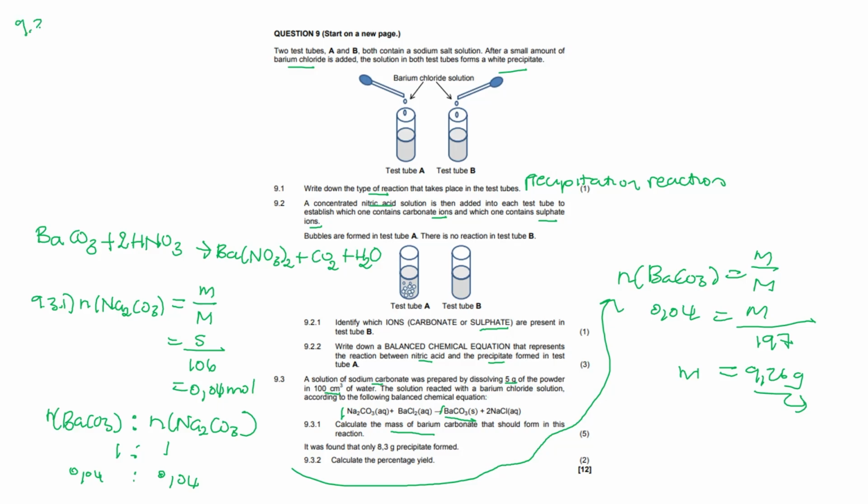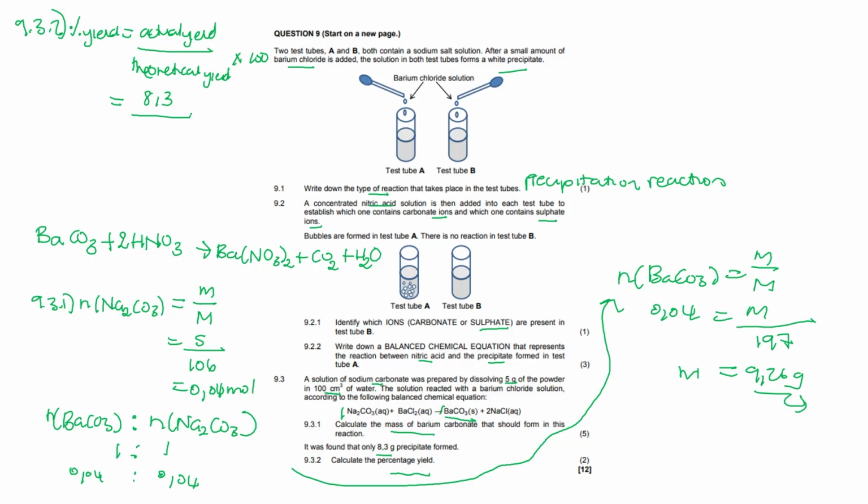Then 9.3.2 I'm going to do at the top here. Then it was found that 8.3 grams of precipitate was formed. Calculate the percentage yield. So percentage yield is actual yield divided by theoretical yield times 100. So our actual yield is what was found to be formed, and that was 8,3.